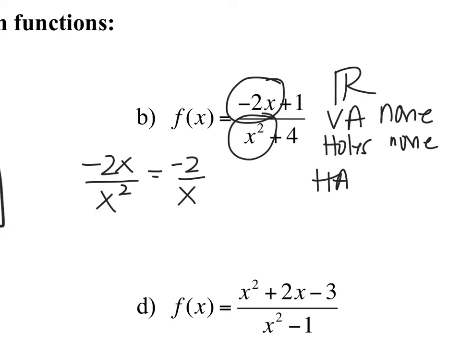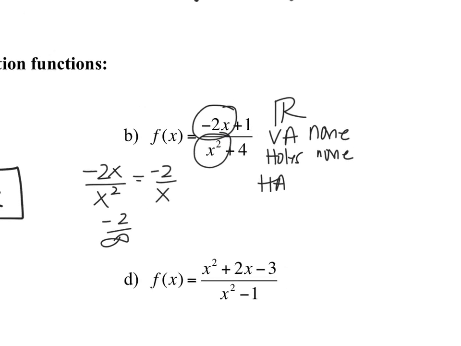And then I think about, what if I'm going out to infinity? What is that going to be? 0, right? I'm getting negative 2 over infinity. That's a very small number. So the horizontal asymptote would be y equals 0. If you are good at memorizing your 3 cases, then great. Just remember that if the denominator is bigger, it's going to be y equals 0.